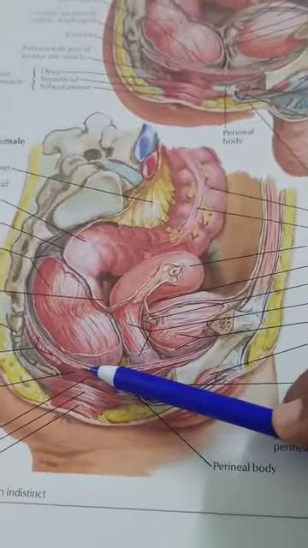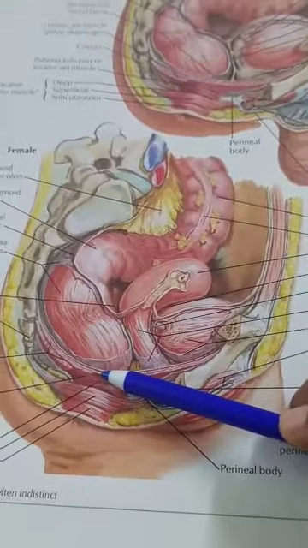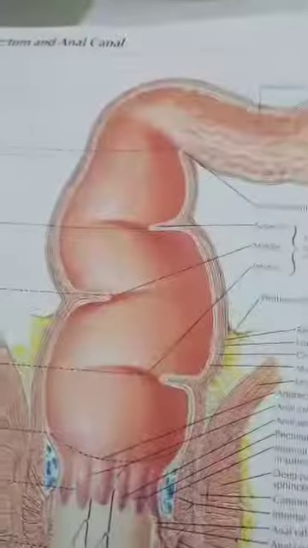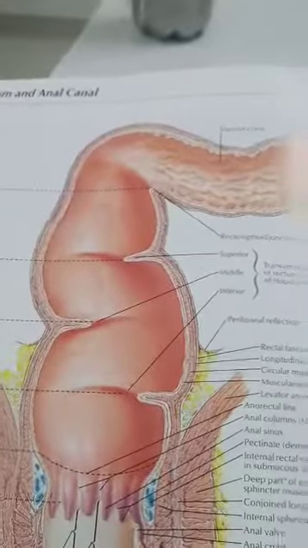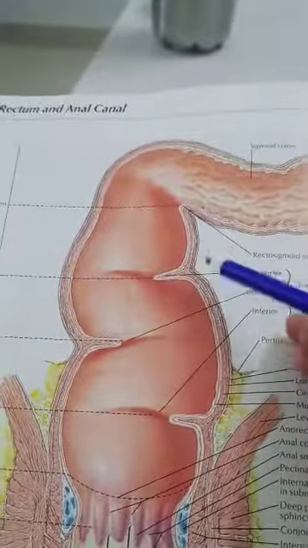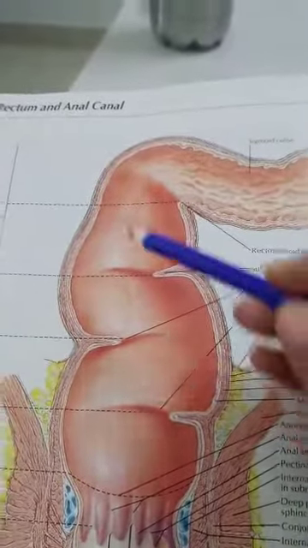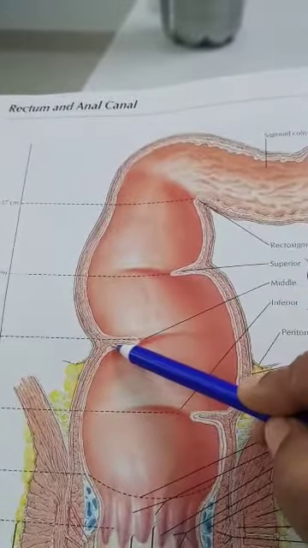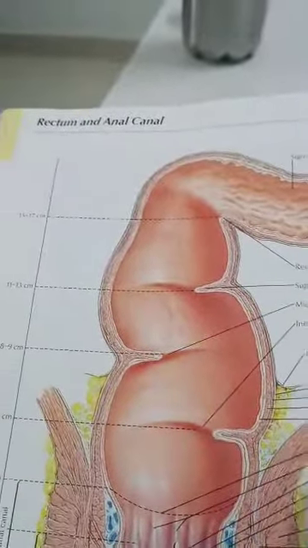In addition to the antero-posterior curvatures, there are three lateral curvatures for the rectum. This picture is actually showing the interior of the rectum, but here we can make out the lateral curvatures. In the upper part, it is convex to the right. This is the right side and here comes the left side.